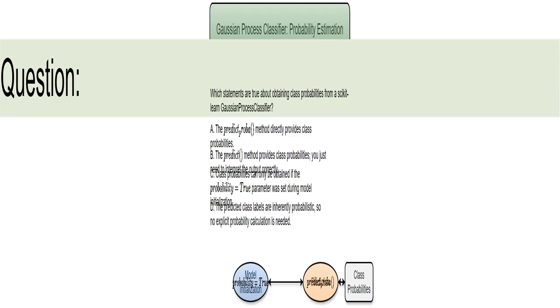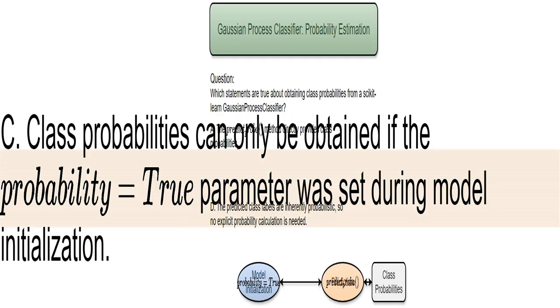It's all about knowing which methods and parameters to use. You can only get class probabilities if you set the probability parameter to true when you create the Gaussian process classifier model. Think of it like this: probability true flips a switch that turns on the probability calculation feature. Without it, the model doesn't calculate probabilities.